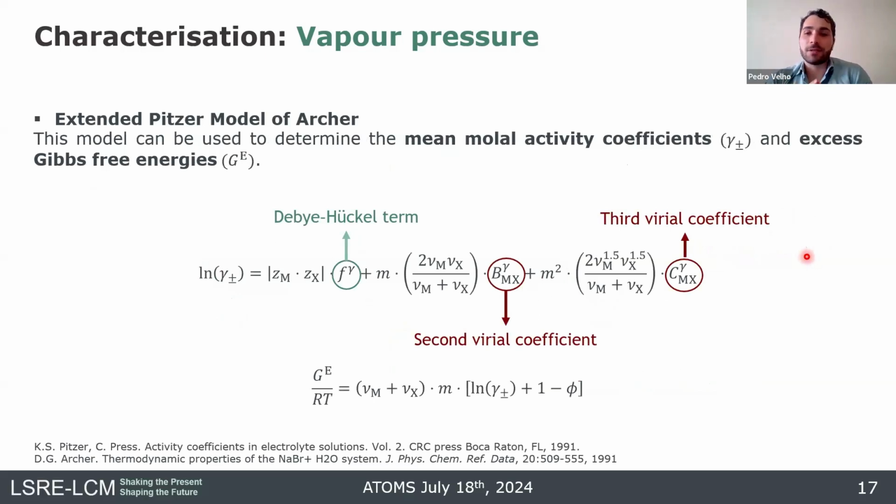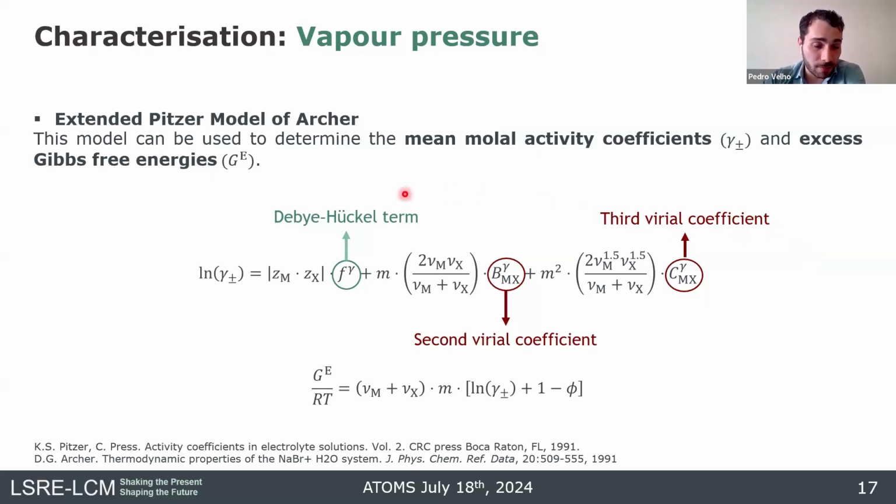After having modeled, or if you prefer, correlated these osmotic coefficients, we can also predict the mean molal activity coefficients and the excess Gibbs free energies. Mean molal activity coefficients, as you know, are very important for a huge number of thermodynamic models, while excess Gibbs free energies allow you to better understand the interactions between solute and solvent.